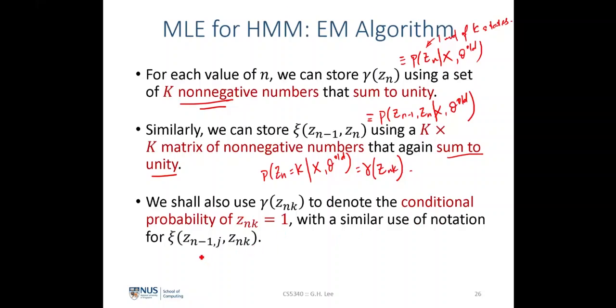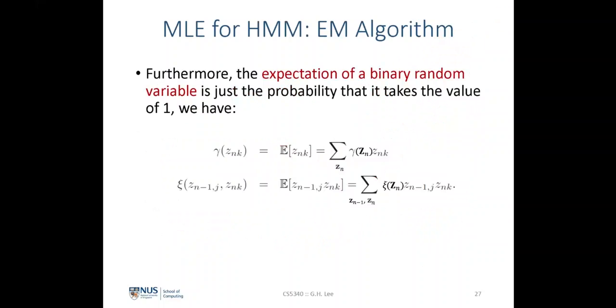I'm going to use similar notation for psi, where psi(z_{n-1,j}, z_nk) denotes the probability that z_{n-1} takes state j and z_n takes state k, conditioned upon all my observed random variables as well as the old parameters θ_old. Furthermore, we'll use the fact that the expectation of a binary random variable is just the probability that it takes the value of 1.